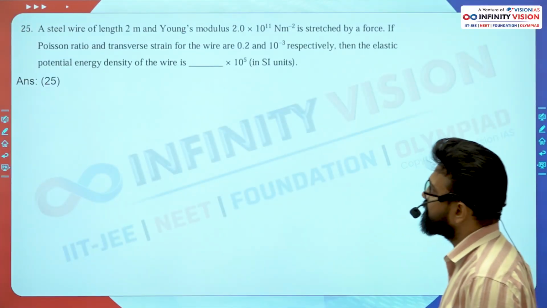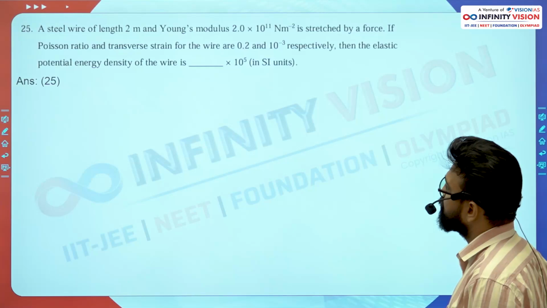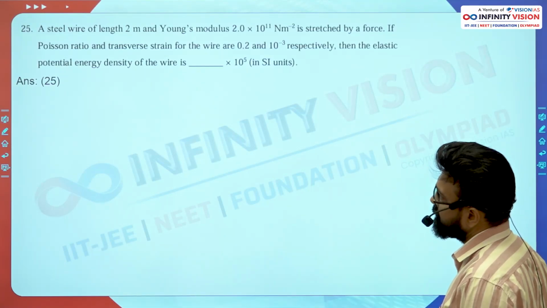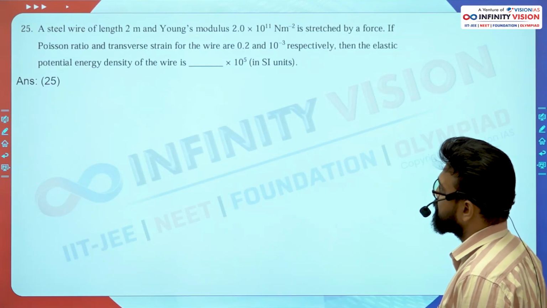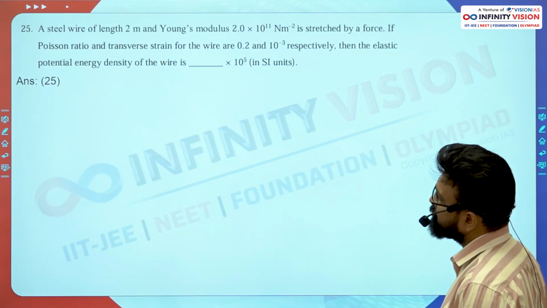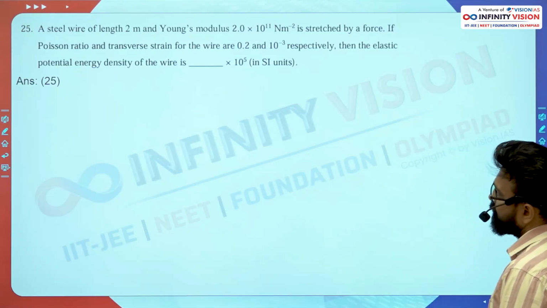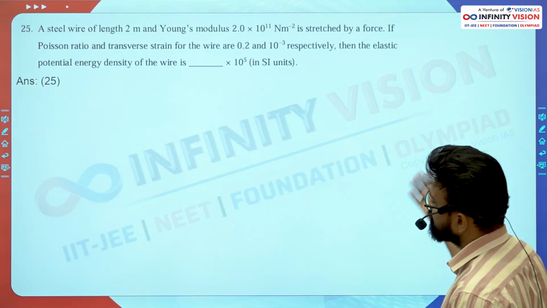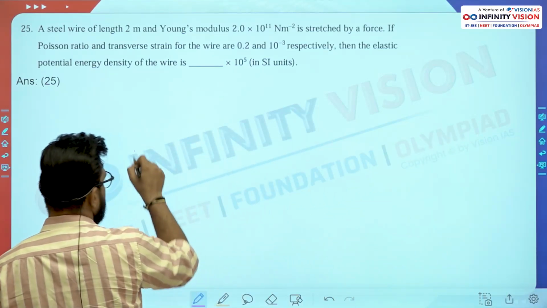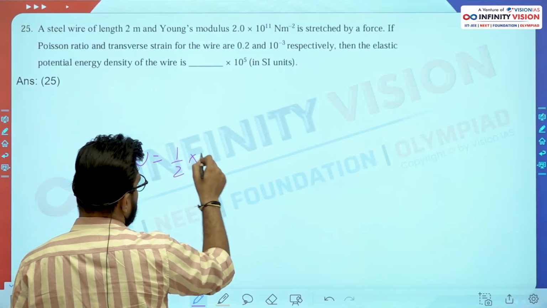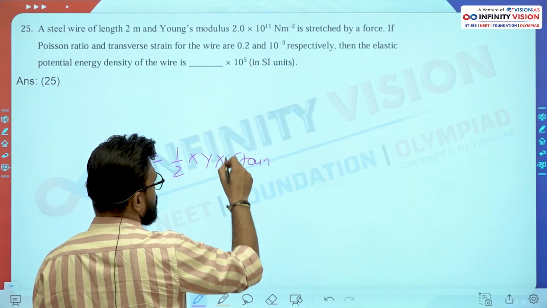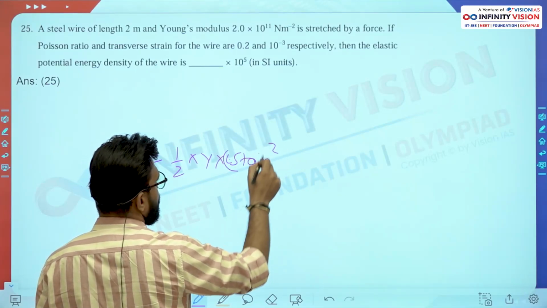Next, a steel wire of length 2 meter and Young's modulus is stretched by a force. The Poisson's ratio and the transverse strain for the wire are already given to you. The elastic potential energy density of the wire is this much into 10 to the power 5. We already know the elastic potential energy density is half lambda into the longitudinal strain whole square.